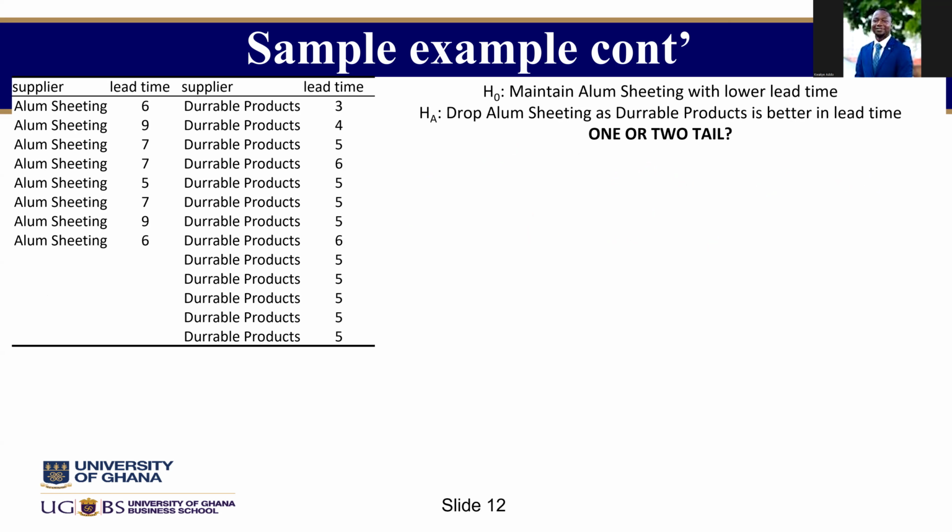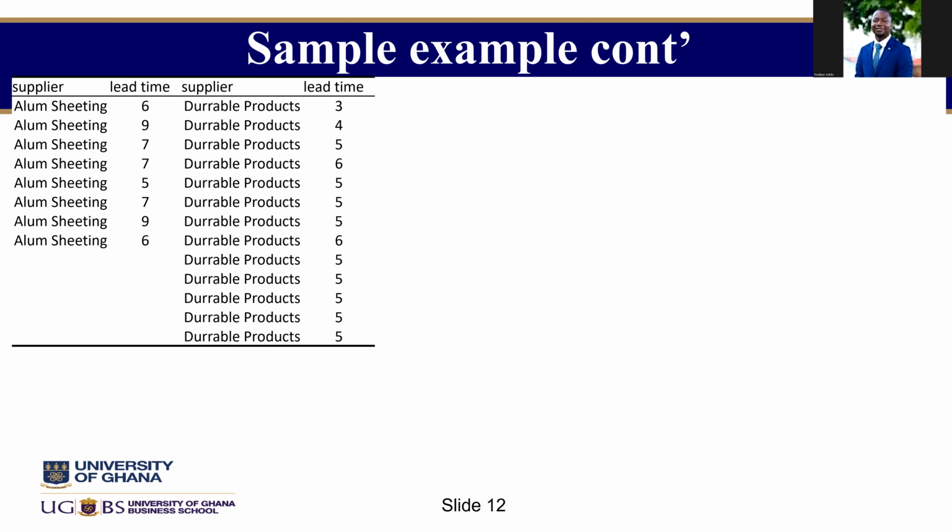Which should we use and why? Kwache? I think we should use a T test, because from the looks of things, our sample is less than 30.